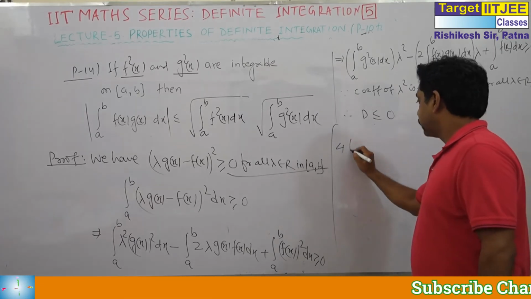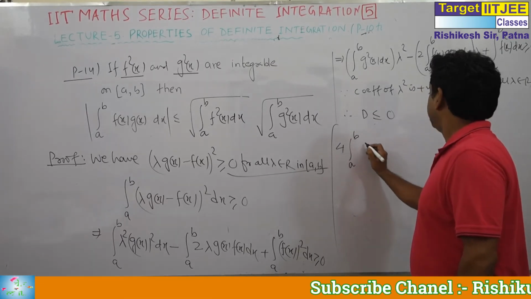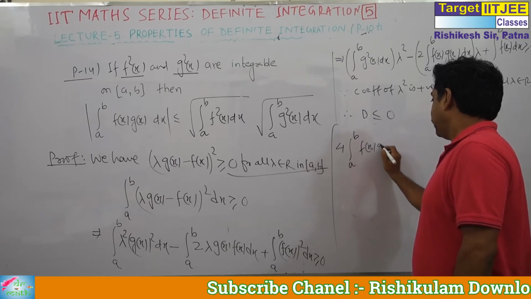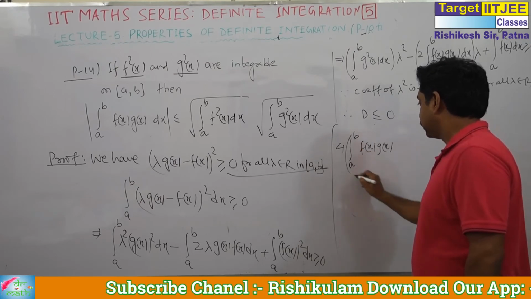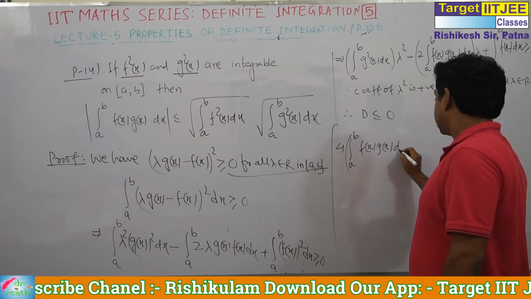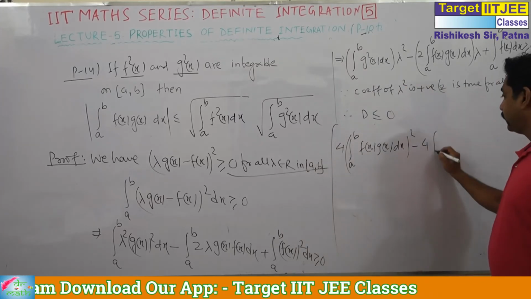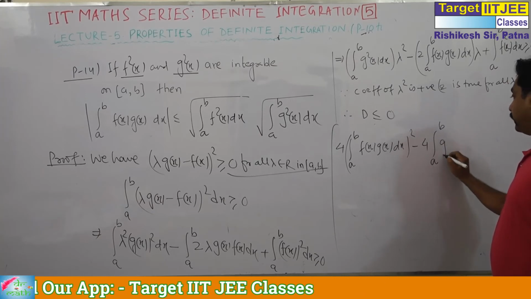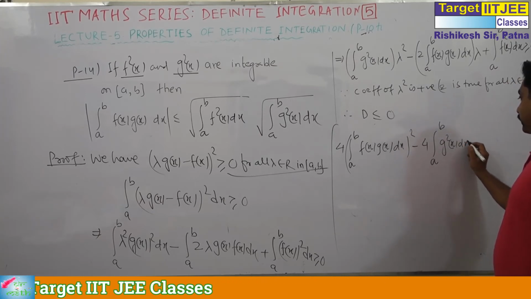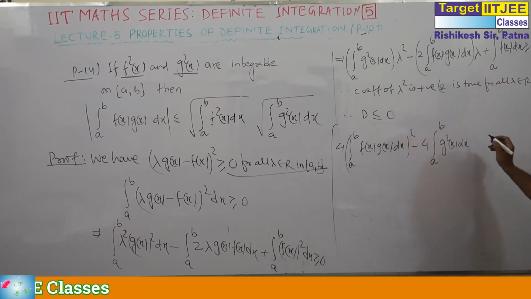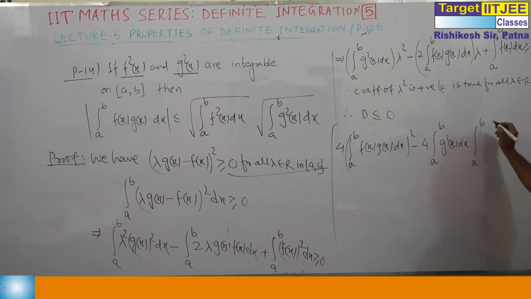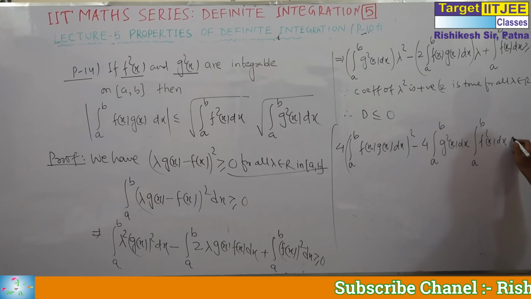This is from there. 4 times the integral from a to b of fx gx dx, whole square, minus 4 times a, which is the integral from a to b of g square x dx, times c, which is the integral from a to b of f square x dx, is less than or equal to 0.